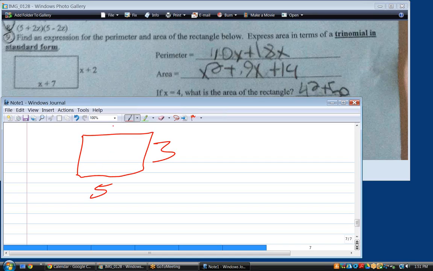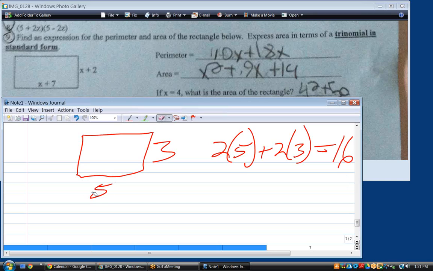In other words, if it's a rectangle, this is 5 and this is 3 over here. What's the sum of the outside? That would be 16. Right. So when I give you just those two numbers, then it's 2 times 5 plus 2 times 3. That's how we got 16, right?